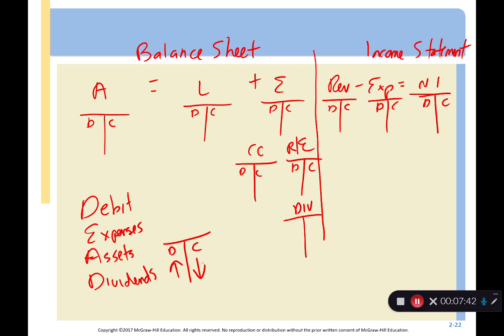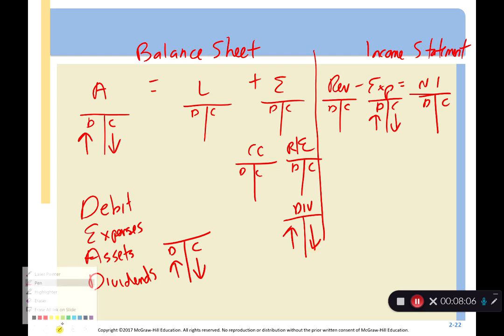So when you whip out this conversion guide, you just got to think of the word DEAD, where we debit expenses, assets, and dividends to make them go up, which means they go down with credits. So it's going to be debit goes up, credit goes down for expenses, assets, and dividends.